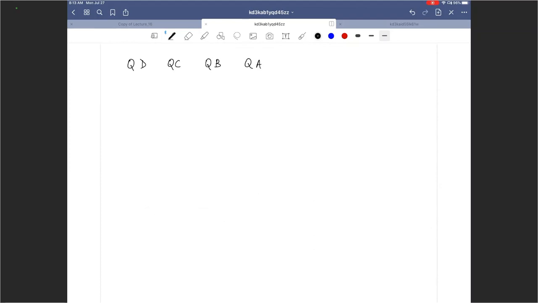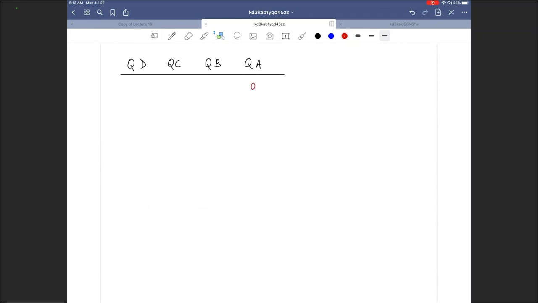So QD, QC, QB, and QA. Notice we are using the letter Q to indicate the output of the flip-flop, just as we did in registers and flip-flops, as well as in latches. So these are just true forms of the outputs. When it counts, the increment is going to be in this form.